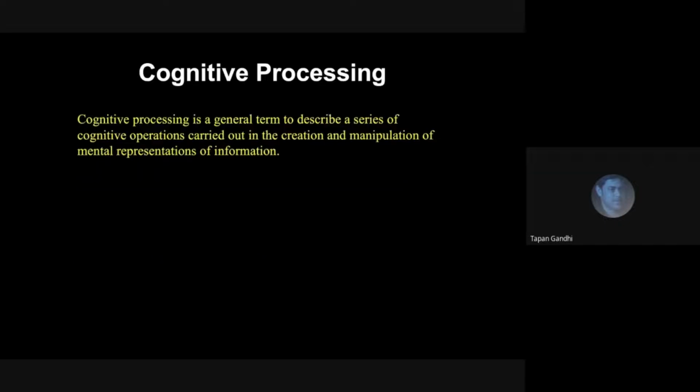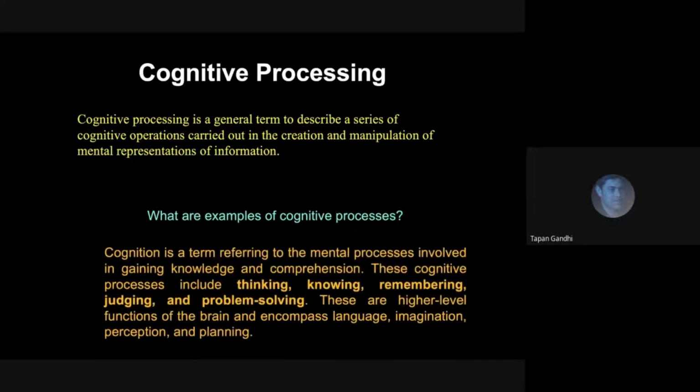Coming to cognitive processing, the simple definition, I Googled and found this: cognitive processing is a general term to describe a series of cognitive operations carried out in the creation and manipulation of mental representation of information. Then the question comes, what are the examples of cognitive processes? This is a little more descriptive.